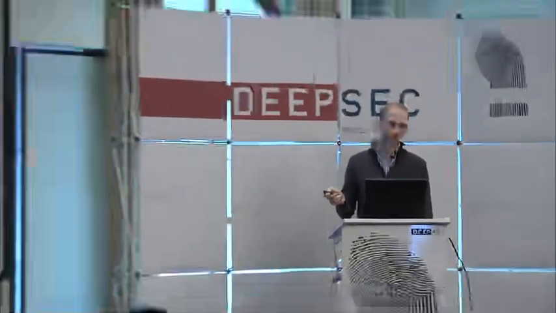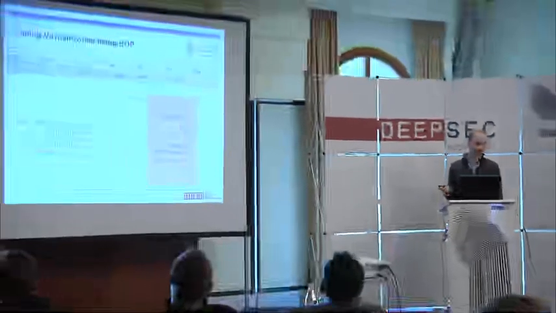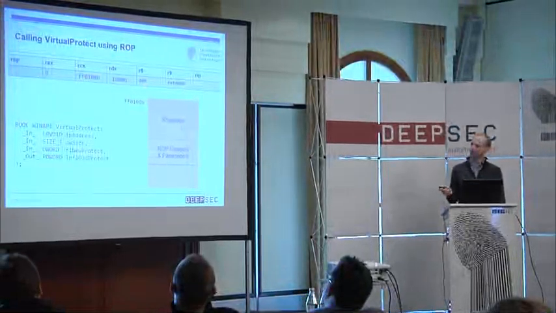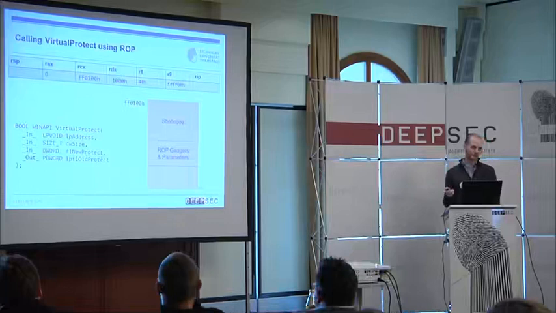So remember the parameters VirtualProtect takes: the address, which is in RCX, and that's the start of our shellcode. The size, 1000 bytes, which should be enough for our shellcode. The new protection level is 40, which grants read-write-execute rights.